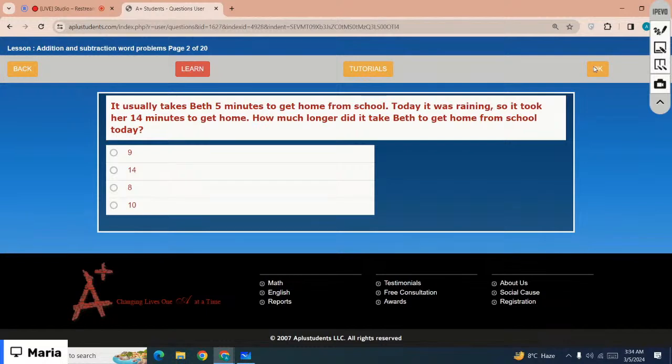That means you need to subtract, right? 14 take away 5 equals, you have to subtract.